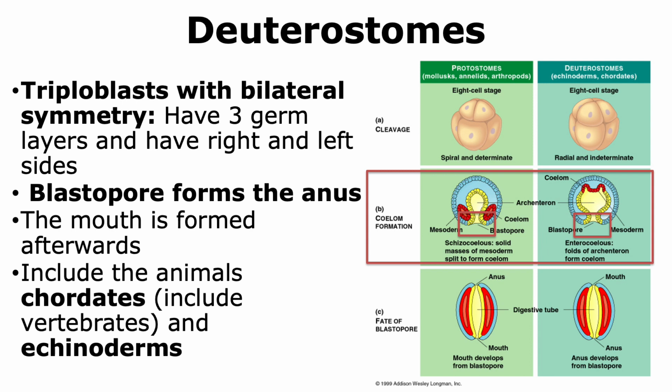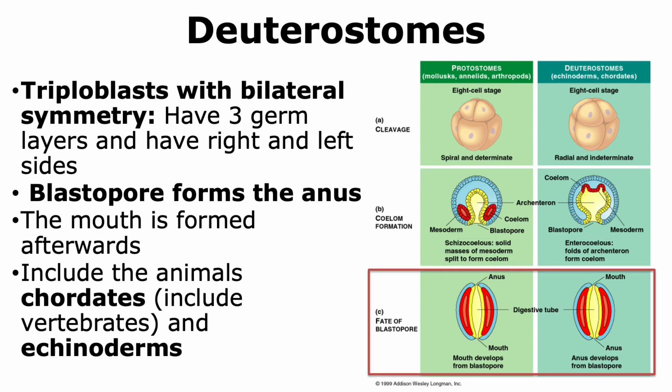However, when we look at the fate of that blastopore, in the case of the protostomes, that blastopore becomes the mouth, and the anus is formed later during development. However, in the case of deuterostomes, that blastopore forms the anus, and the mouth forms later. Thus, the difference between protostomes and deuterostomes is whether the blastopore will form the mouth or the anus.